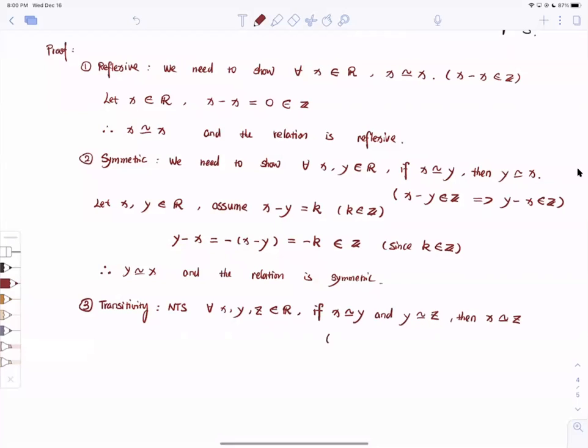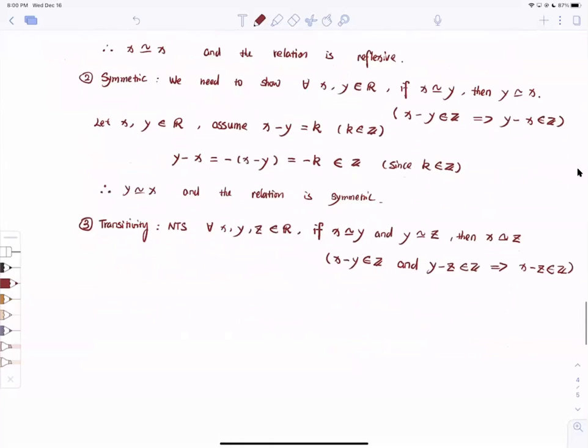In other words, we need to show that x minus y is an integer and y minus z is an integer implies that x minus z is also an integer. Okay, so this is what we need to show.